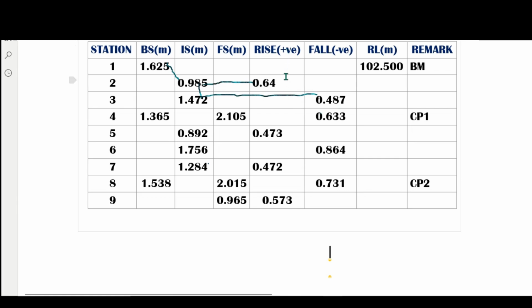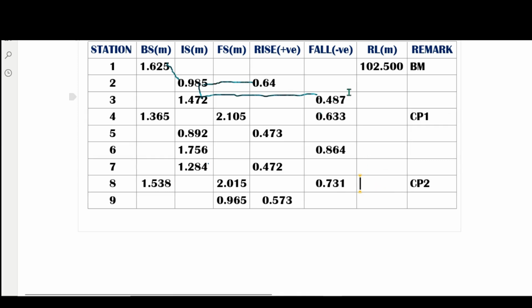Any number in plus, any number in rise, should be added to the reduced level to get the next reduced level. Any number in minus should be subtracted from the previous reduced level to get the next reduced level. I don't know if you get what I'm saying. So at the end, we will get the net reduced level.